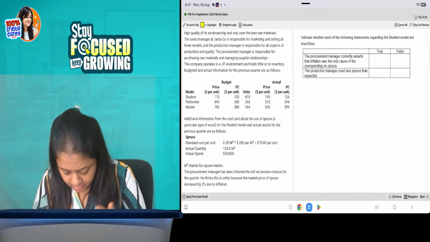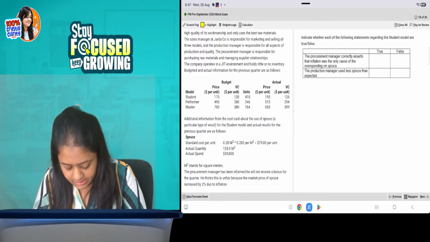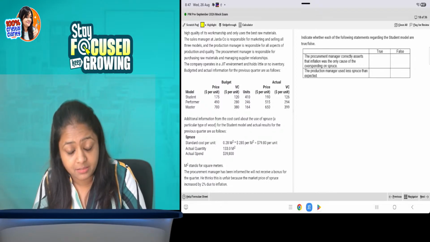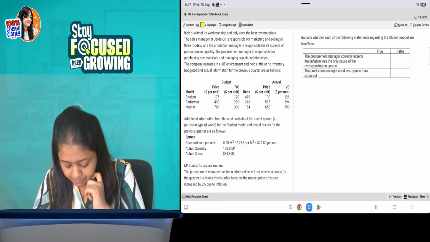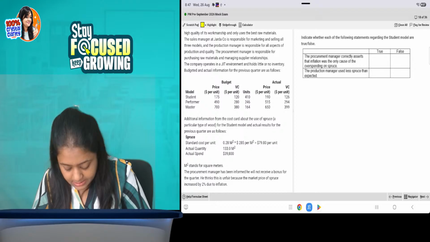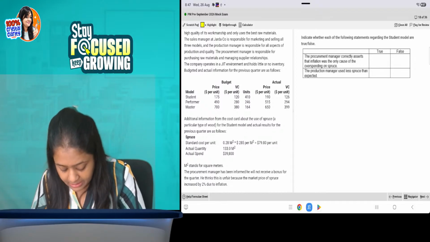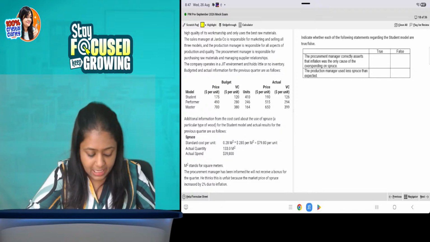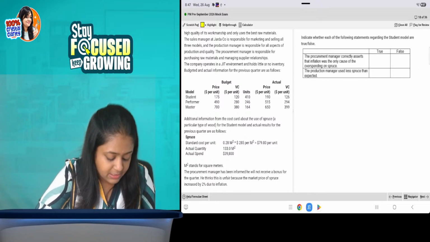Okay, then further it says the procurement manager has been informed that he will not receive a bonus for the quarter. He thinks this is unfair because the market price of spruce increased by 2%. So 2% is by inflation. But what about the other factors? See here the actual spend is 39,800. 79.8 is the standard cost per unit multiplied by the actual units will be 133 multiplied by 79.8.